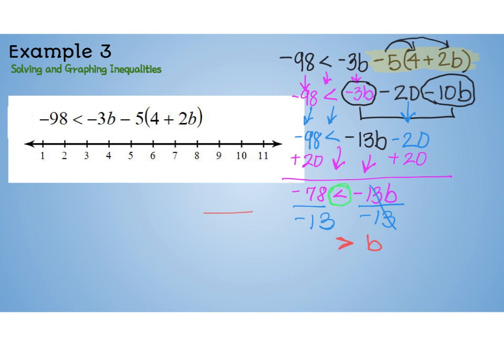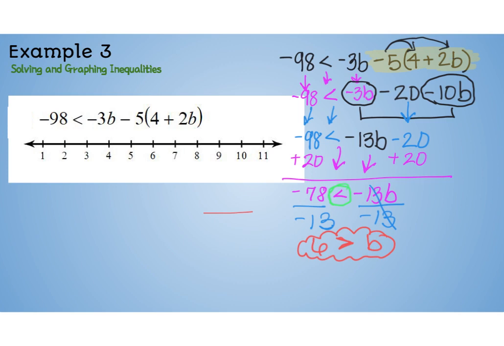And that's going to give me positive 6, right? And that's my solution. So that means B is less than 6, or 6 is greater than B, right?